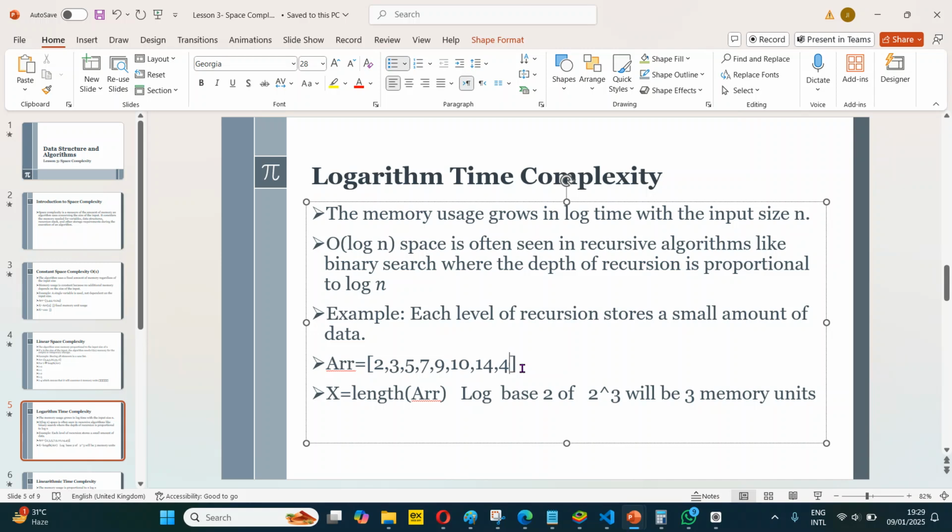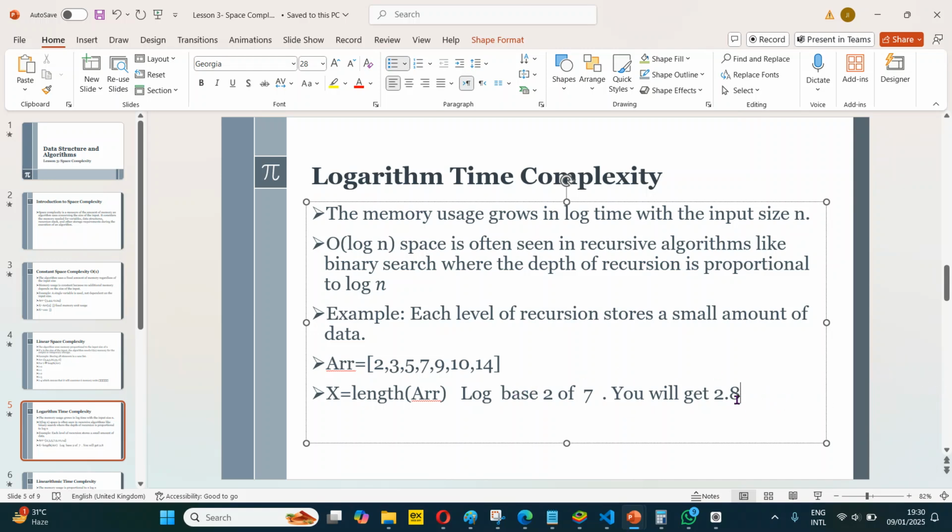So what if there are 7 items here, right? So it means that log of base 2 of 7, if you use your calculator, you will get 2.8, and some other decimal numbers here, about 2.8, right?